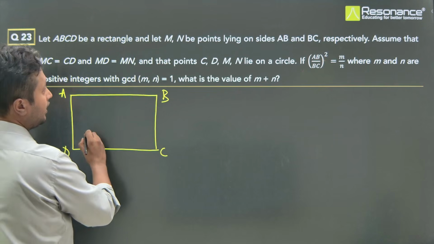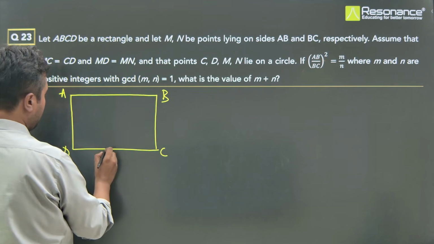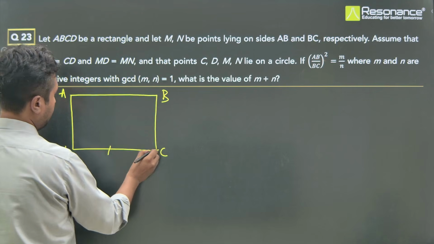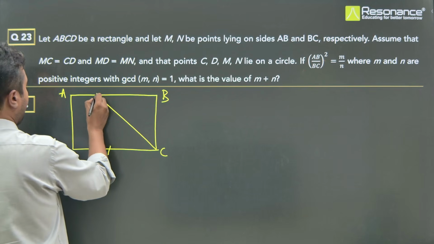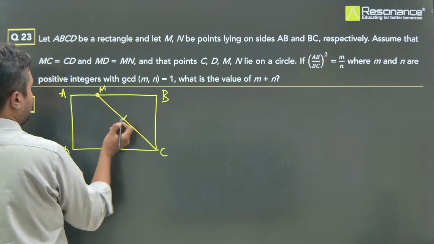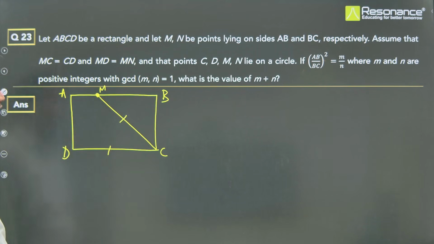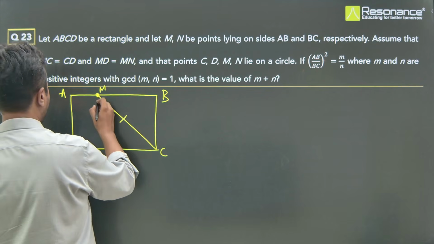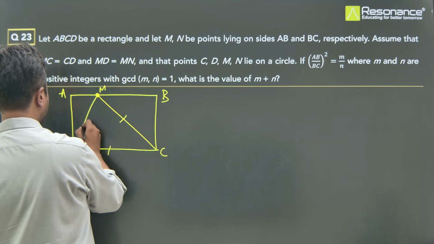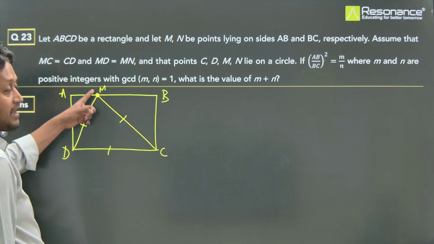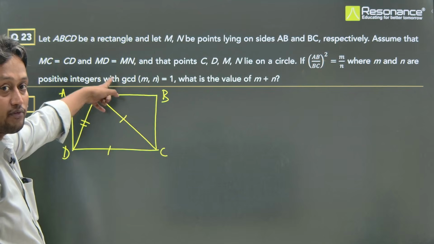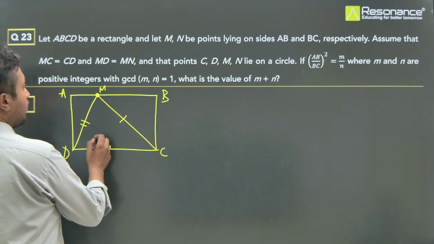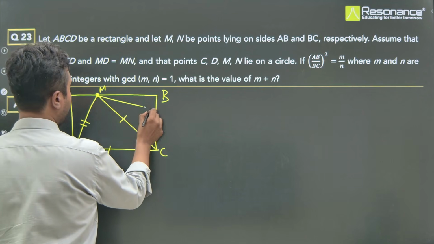M is over here such that MC is equal to CD. So M is somewhere over there. These two are given to be equal to each other. And then MD is equal to MN. So MD, whatever this length is, by the way, this fixes M. The very first condition fixes M, and then you have N over here.